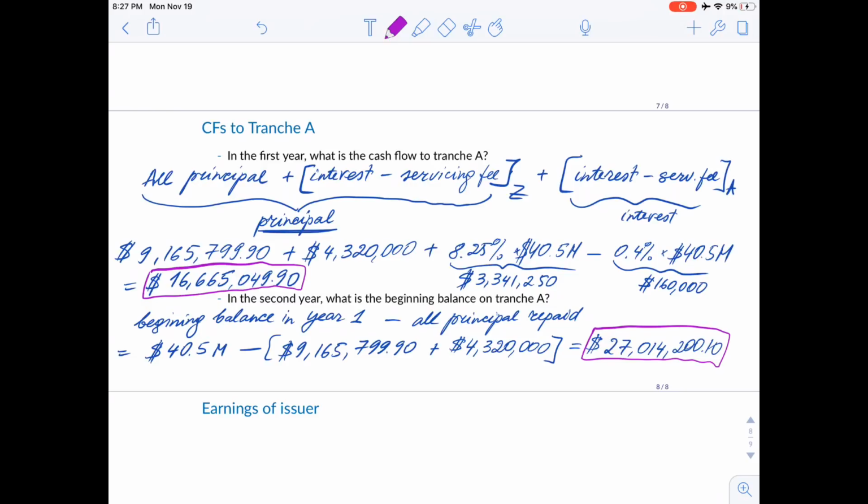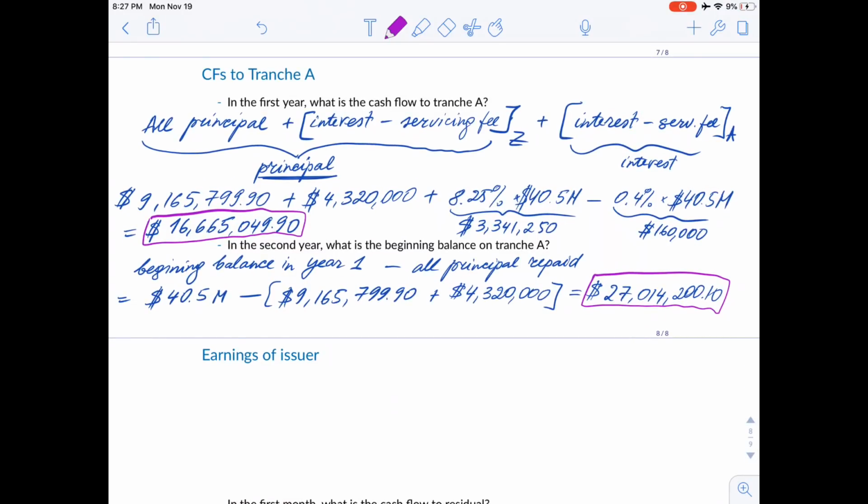So the balance on the tranche A actually went down by a very substantial amount in the first year. That's because the entire principal of all of the mortgages plus the interest accrued on the Z tranche was used to repay the principal only of the A tranche. So now we need to find out what are the earnings to issuer.